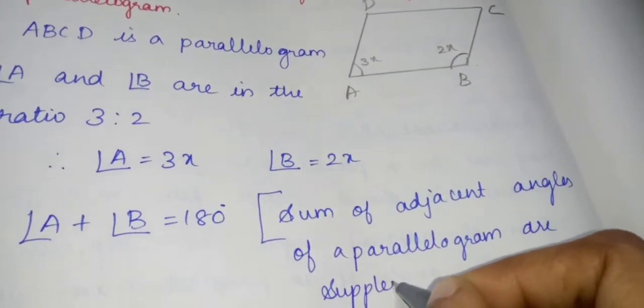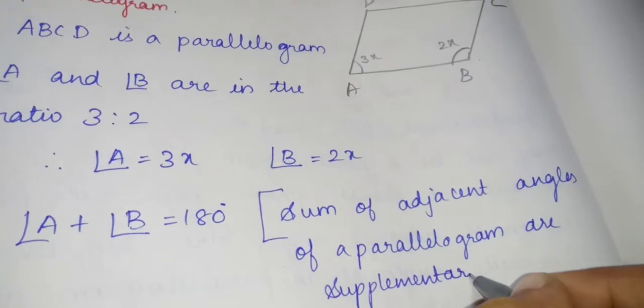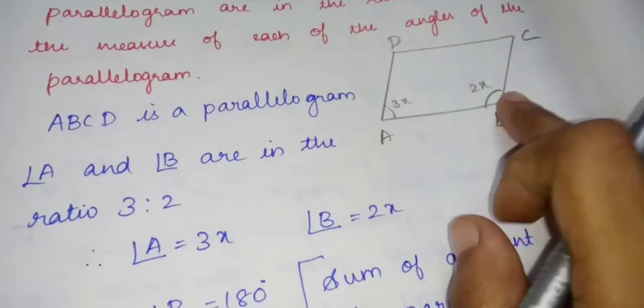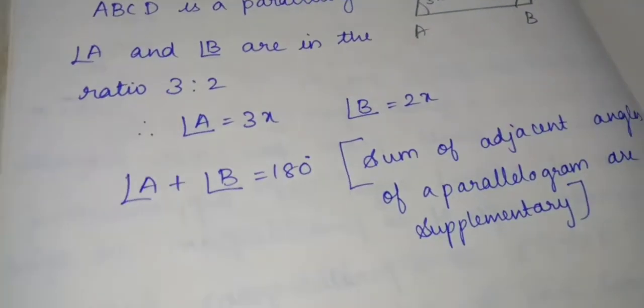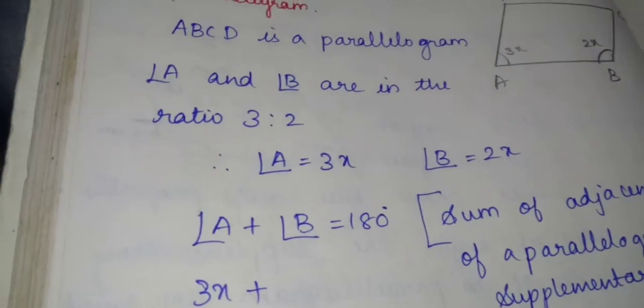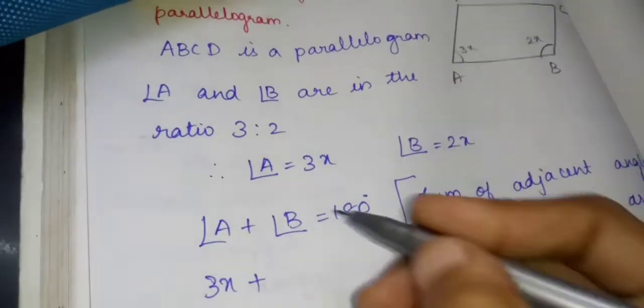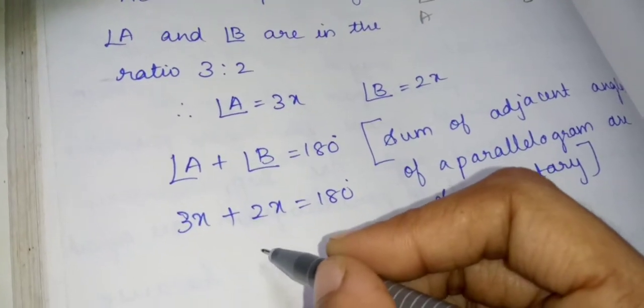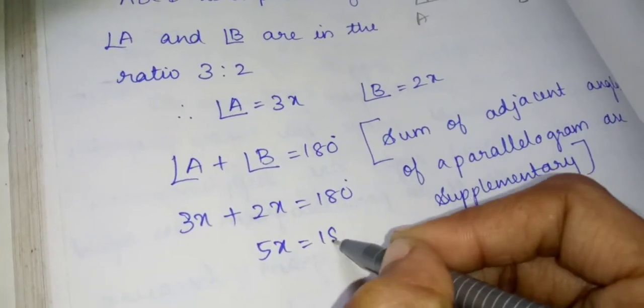Is it correct? Sum of adjacent angles, I am going to add these two adjacent angles, which is equal to 180 degrees. Angle A is how much? 3x plus angle B is how much? 2x, equal to 180 degrees. 3x plus 2x is 5x, equal to 180.